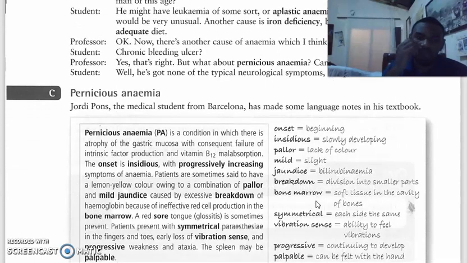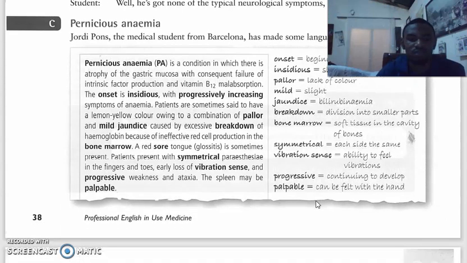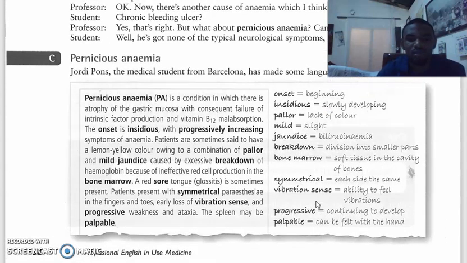C. Pernicious anemia. Jordi Pons, the medical student from Barcelona, has made some language notes in his textbook. Pernicious anemia, PA, is a condition in which there is atrophy of the gastric mucosa with consequent failure of intrinsic factor production and vitamin B12 malabsorption.